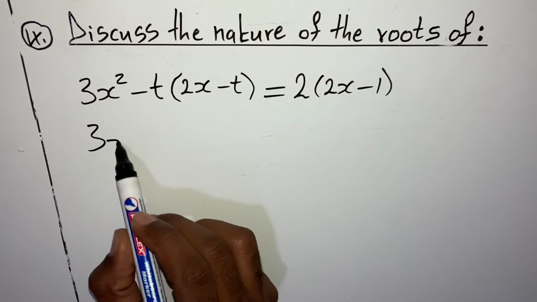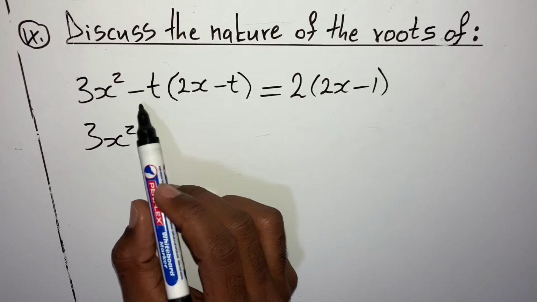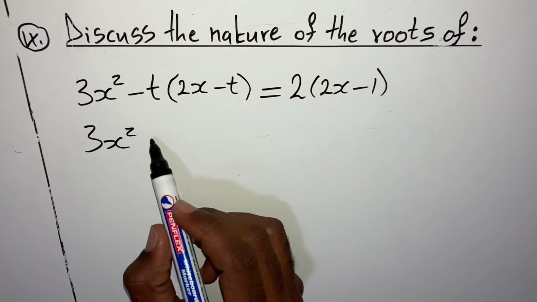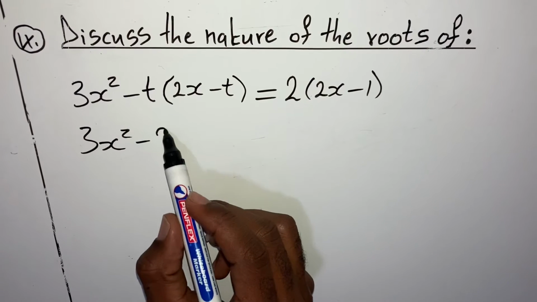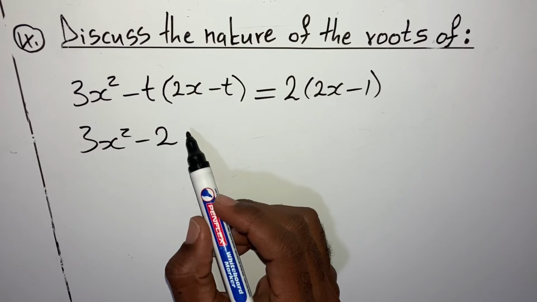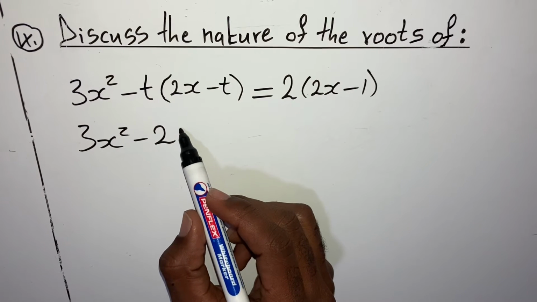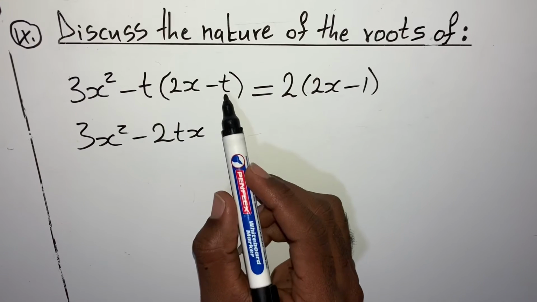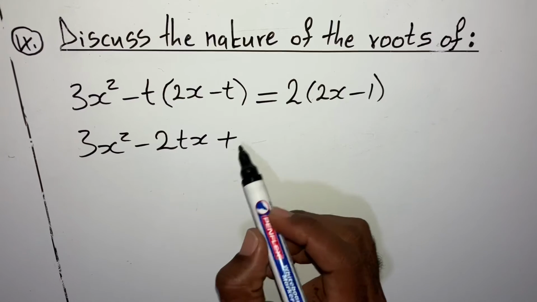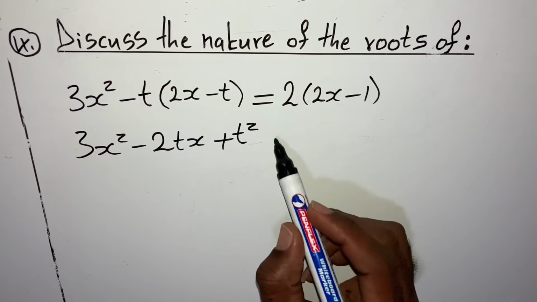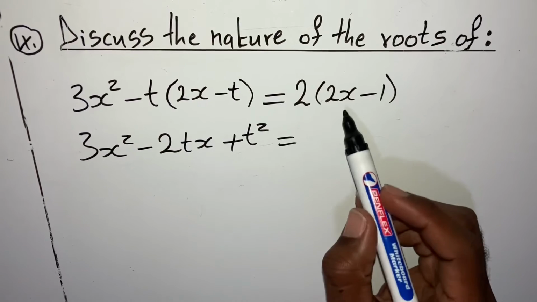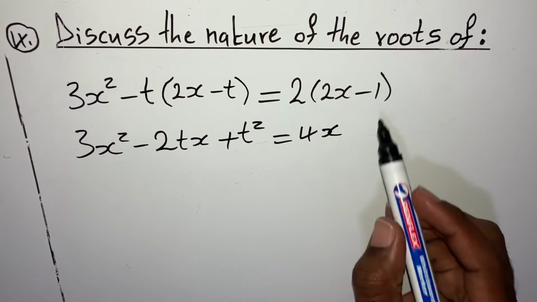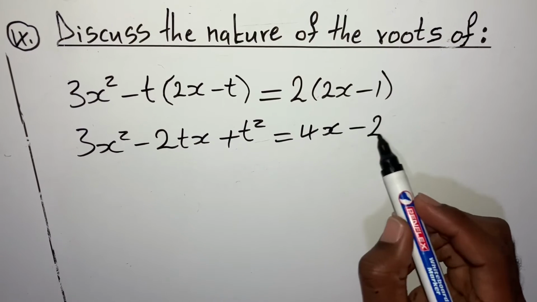So you go to 3x squared, you multiply negative t times 2x, you get negative 2tx. Negative t times negative t, you get a plus t squared, equals 2 times 2x, you get 4x. 2 times negative 1, it's negative 2.